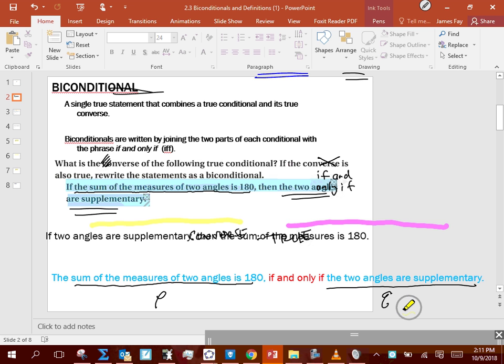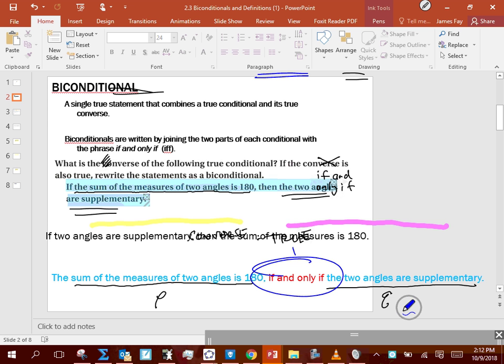But because it's got the words "if and only if" in it, this structure tells me you can reverse it, you can read it right to left. You can start with Q and then get P from that. Does that make sense? Start with two angles that are supplementary in front of you, then you get P: the sum of the measures of the two angles is 180. So when you're dealing with a biconditional, it's all predicated off of this phrase, "if and only if."